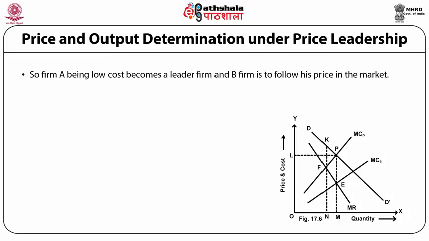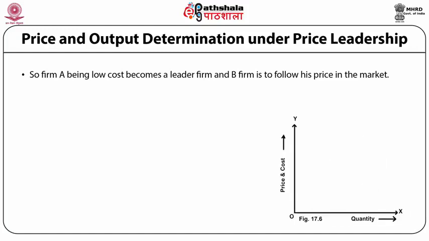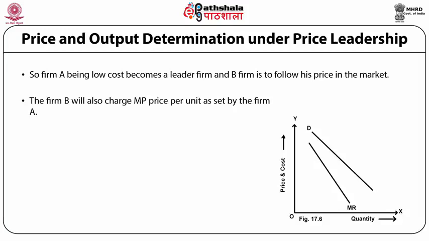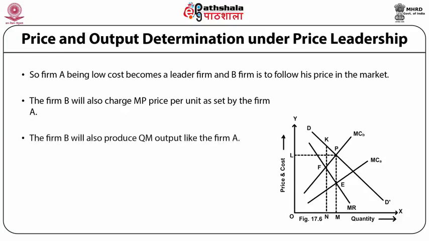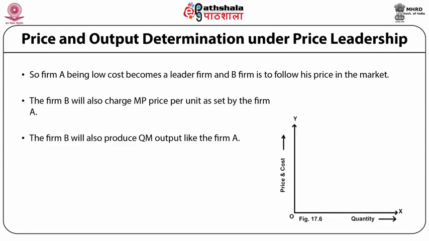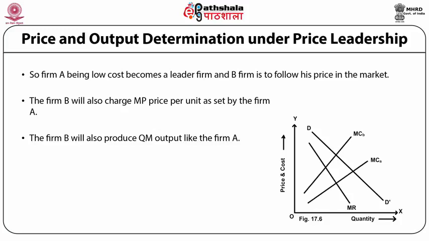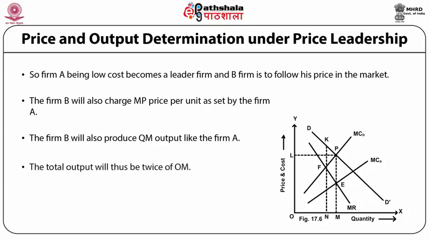Hence, firm B will be compelled to follow the leader firm A. Firm B will also charge MP price per unit as set by firm A. Firm B will also produce OM output like firm A. Thus, both the firms will charge the same price MP and each sell OM output. The total output will thus be twice of OM.